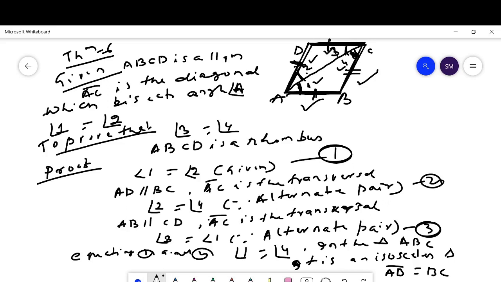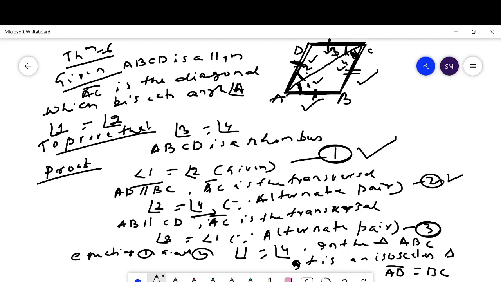Here angle 1 is equal to angle 3 and angle 1 is equal to angle 4, which implies angle 3 is equal to angle 4. Equating 1 and 2, we get measure of angle 1 is equal to measure of angle 4.